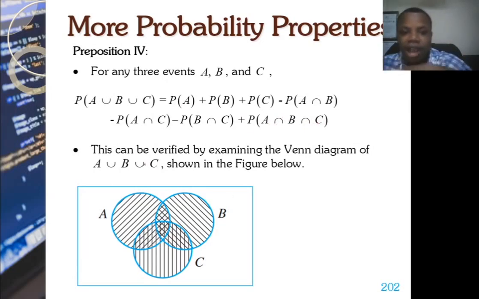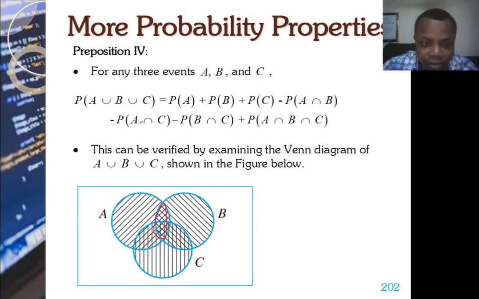Now let's see how we are explaining all this. Just as we observed for the two events, anytime there's an overlap, it means that we are likely to count it multiple times once it comes to their intersection. So with this formula, we are going to add the event A, the event B, and then event C. Then subtract A intersection B, so we are going to subtract this portion.